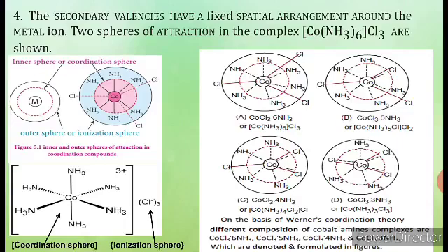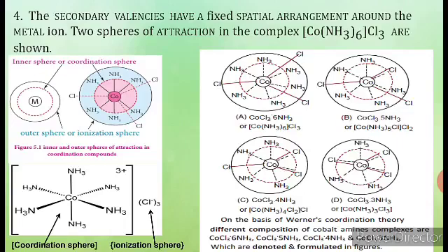That is, they attach with the cobalt ion through coordinate covalent bond as well as ionic bond, while ammonia molecules attach with the cobalt ion through only coordinate covalent bond. And the chloride ion present outside the coordination sphere is also attached with cobalt through a purely ionic bond. Clear?